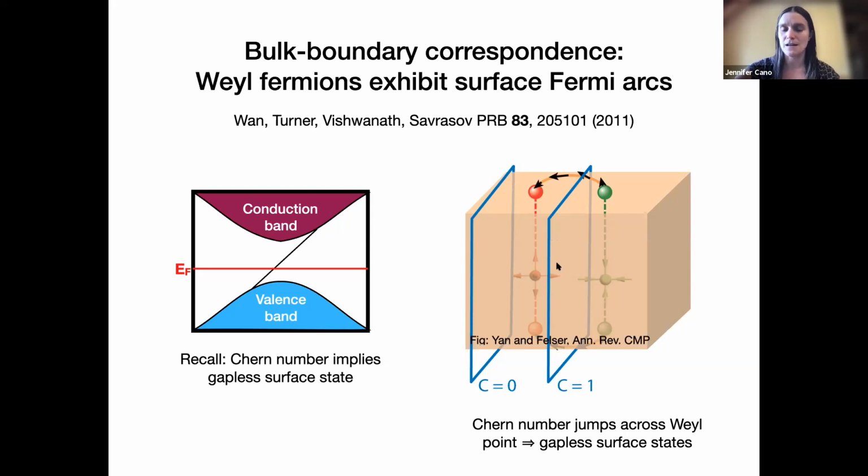And since we just recalled that planes with a Chern number have a gapless surface state, this plane has to have a gapless surface state. Each one of the planes in between these 2 Weyl fermions will contribute 1 gapless surface state. So there'll be this chain of gapless points connecting the 2 Weyl fermions. That's exactly what the Fermi arc is, because it gives you a surface Fermi surface, but that surface Fermi surface ends at the 2 Weyl points and makes this little arc across the surface.